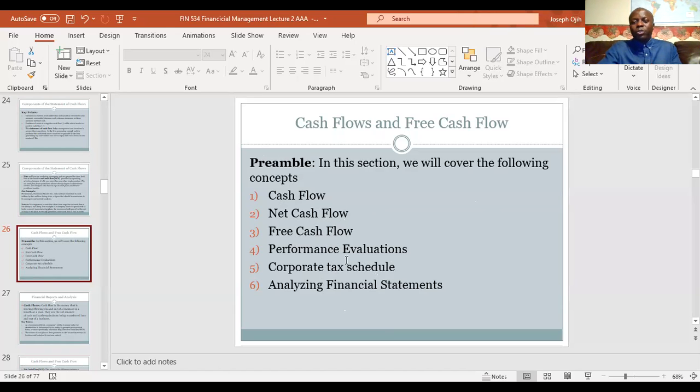Then the subsequent lectures will delve into these areas. After that, we can look at one area that is very fundamental to finance: the time value of money. So let us begin with cash flow, net cash flow, and free cash flow.